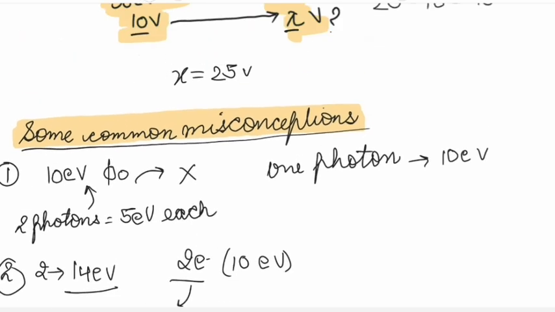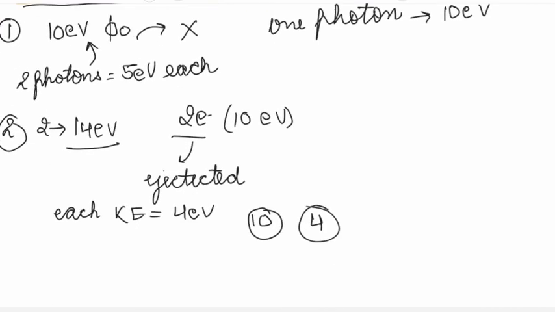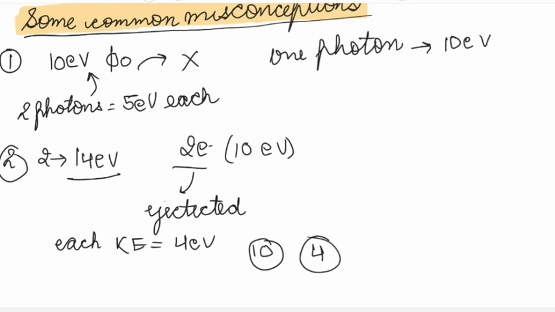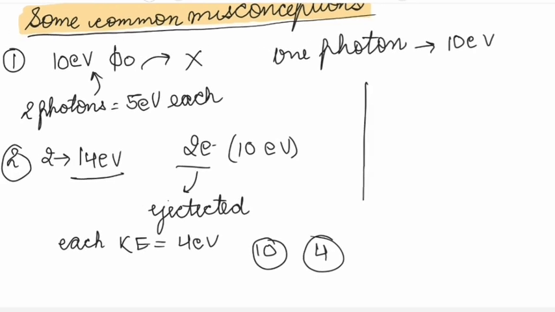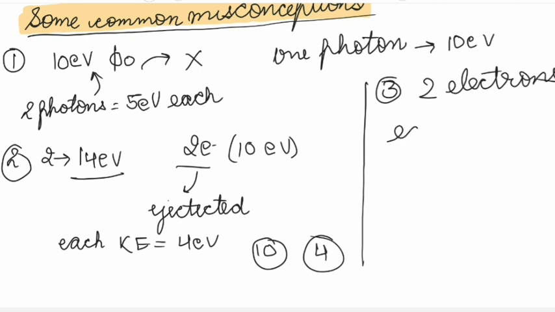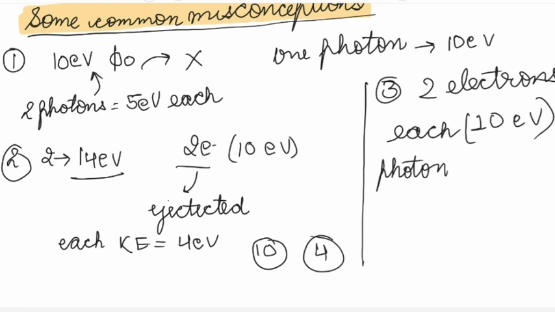Similarly, if I have two electrons, each with a work function of 10 electron volt, then I cannot use a larger photon with 20 electron volt energy to emit both.